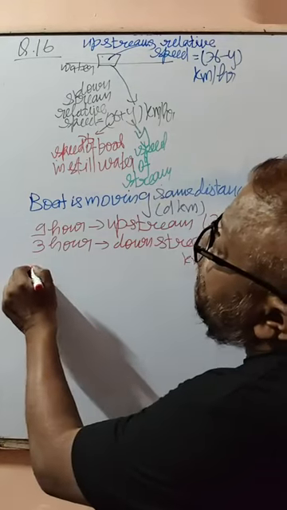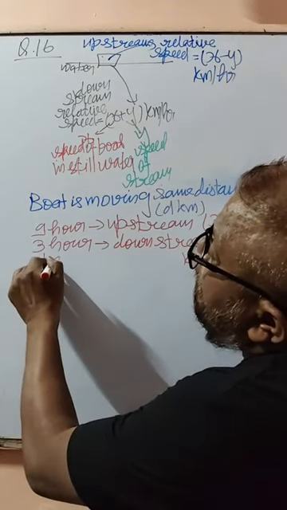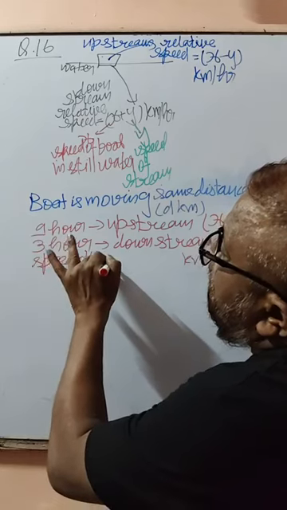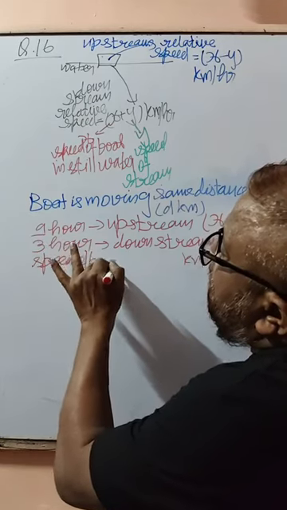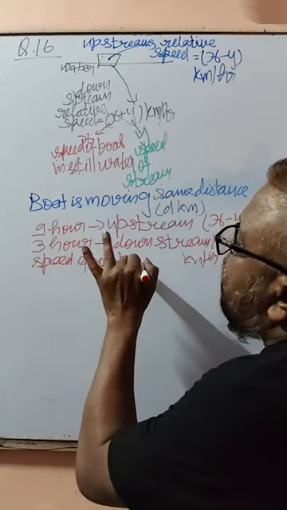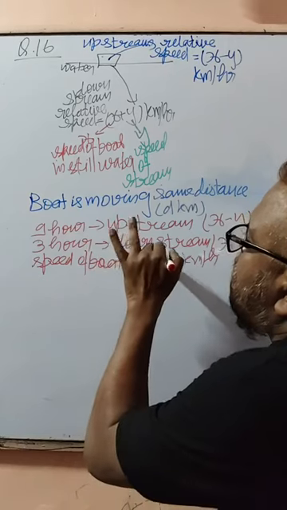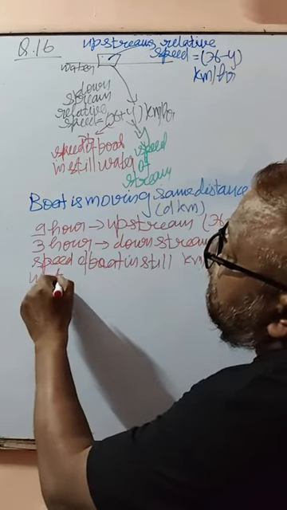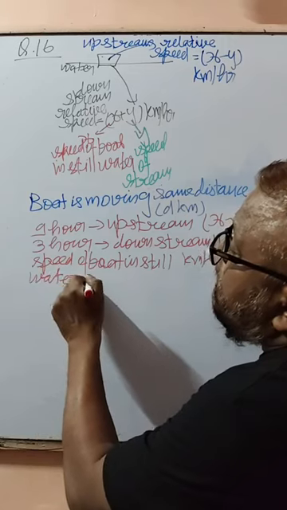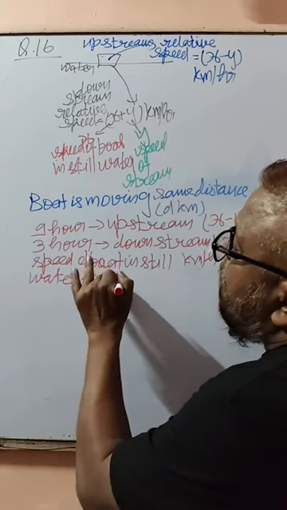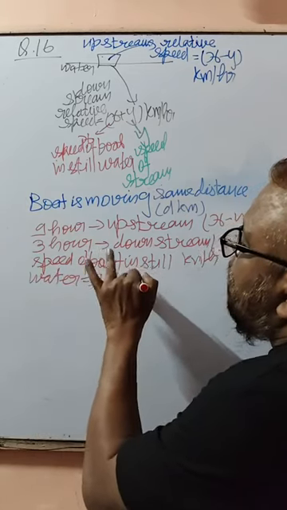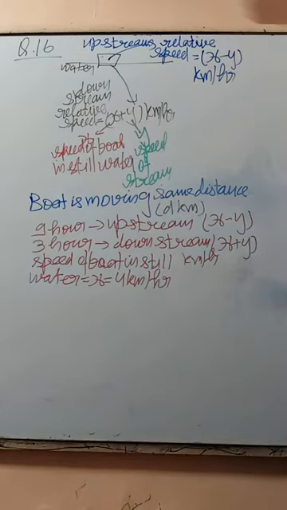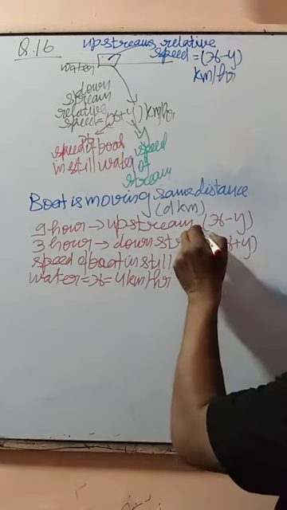And the speed of the boat in still water is 4 kilometers per hour, that is x is equal to 4 kilometers per hour, right? Yes, sir.